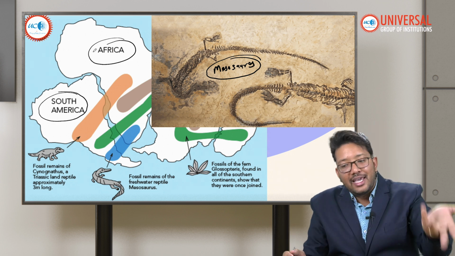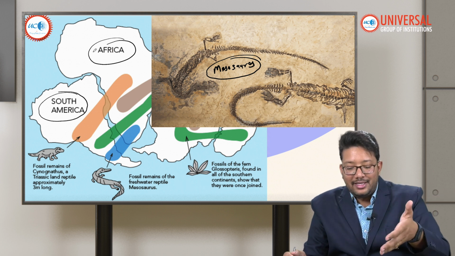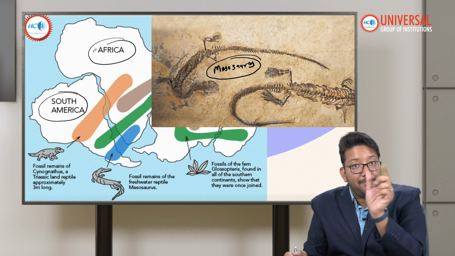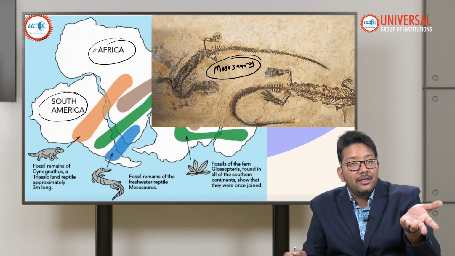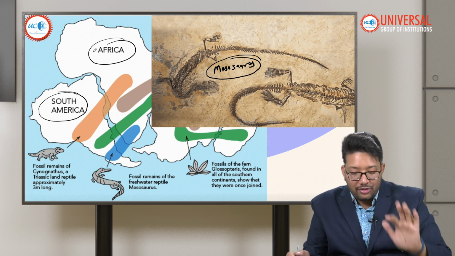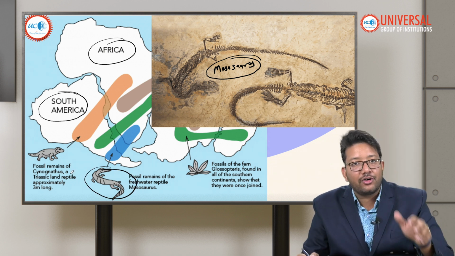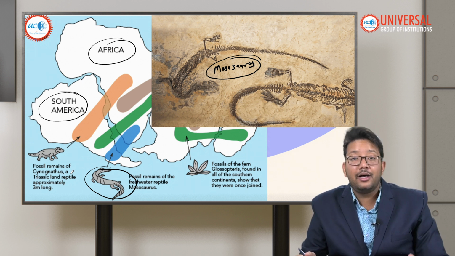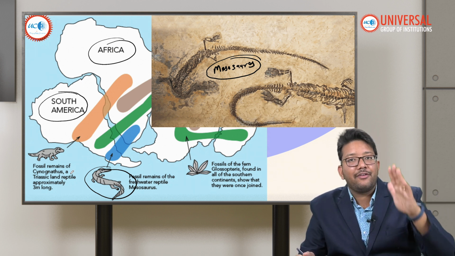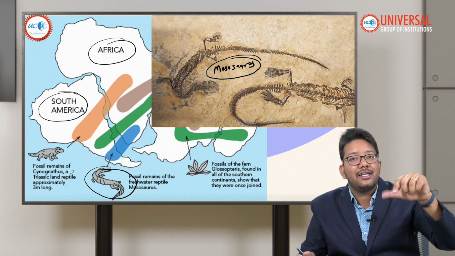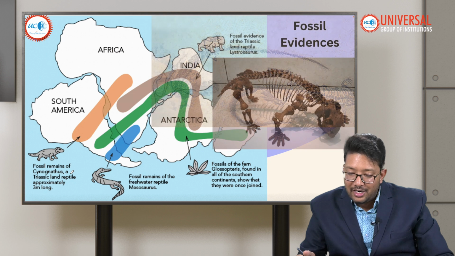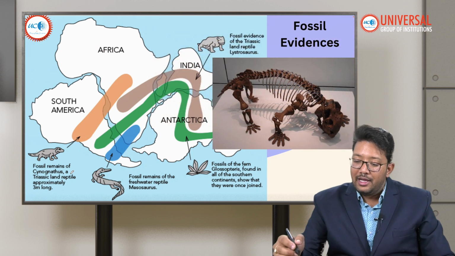Alfred Wegener is again saying, how is it possible that the fossil remains of this freshwater reptile, which cannot swim in the water and has to be on land itself, have been found in both Africa and South America? So he is telling that South America and Africa were one part earlier, that's why we have found Mesosaurus on both continents.